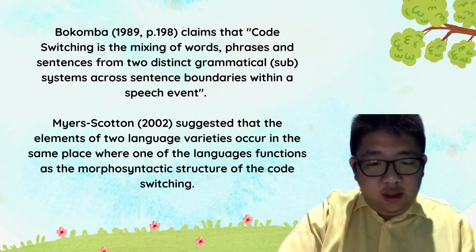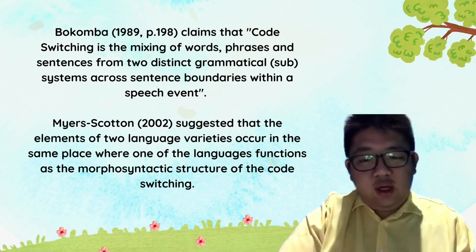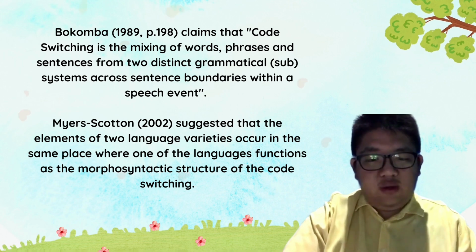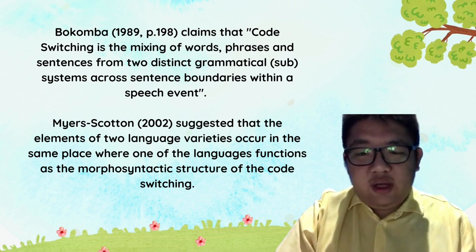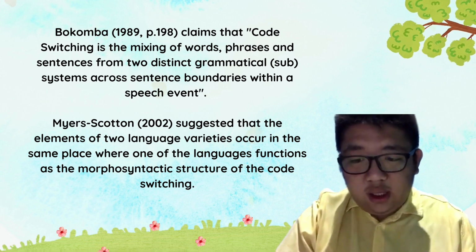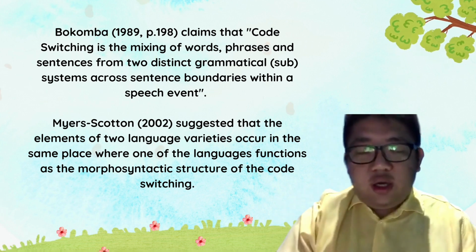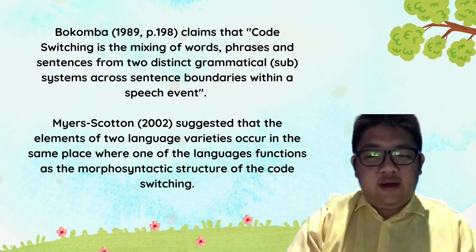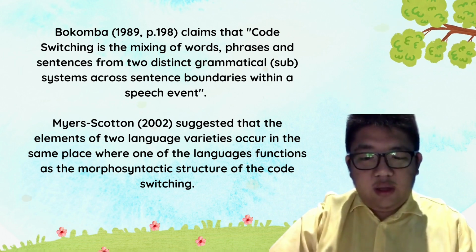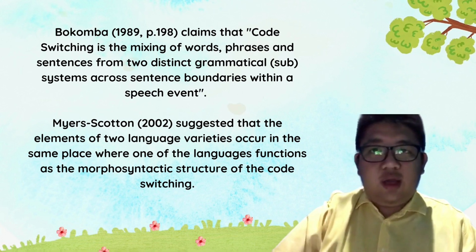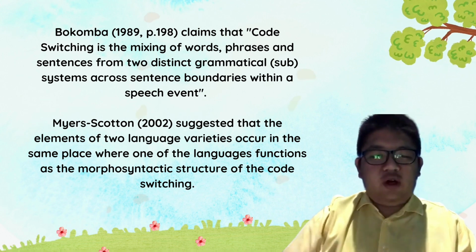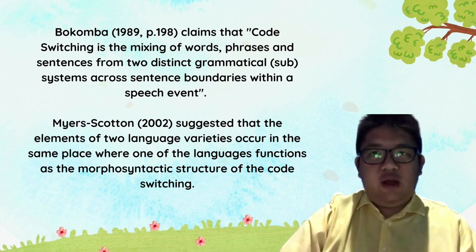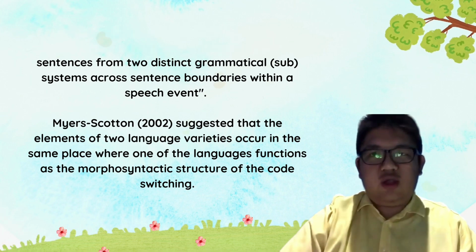In addition, Myers-Scotton from 2002 suggests that the elements of the language varieties occur in the same place of the structure for code switching. Now, off to the last topic about code switching.